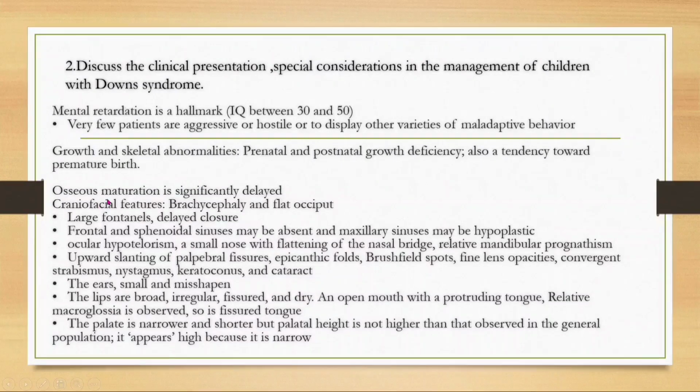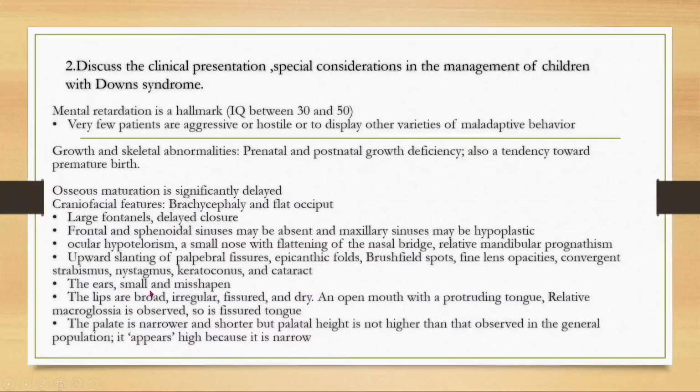Their osseous maturation is delayed, with brachycephaly and flat occiput, large fontanelles, delayed closure, frontal and sphenoidal sinuses may be absent, maxillary sinuses may be hypoplastic, there will be ocular hypotelorism, small nose with flattening of the nasal bridge, relative mandibular prognathism, upward slanting of palpebral fissure.